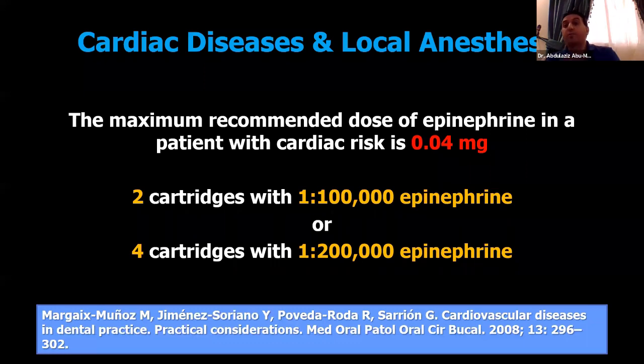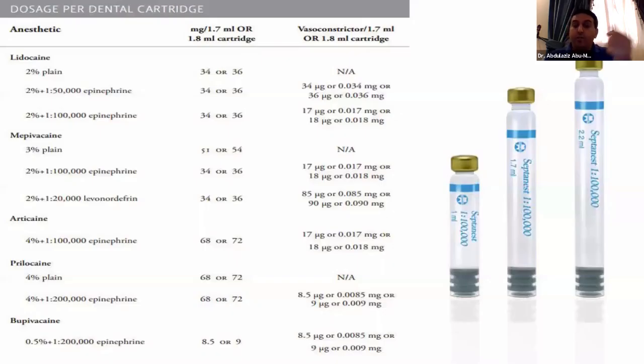Because in the market, we don't have the same carpule every time. You will be surprised, there is 1 milliliter, there is 1.7, and there is 2.2. The content inside is different. You need to know the medication by milligram. So let's go for an example. The most common we are using is 2% with 1 to 1,000 epinephrine. How much is it if the normal carpule is 1.8?